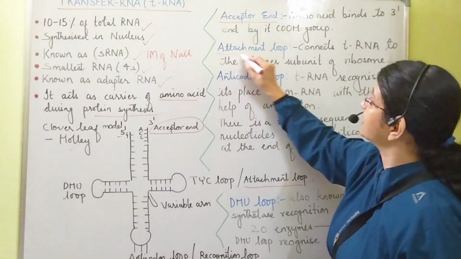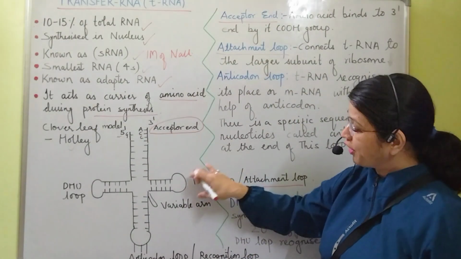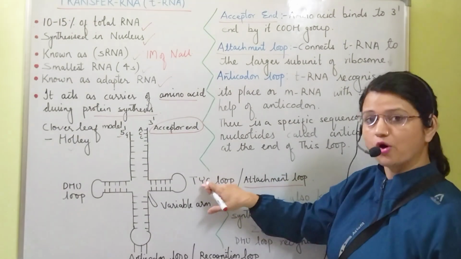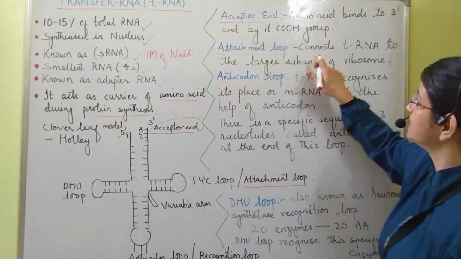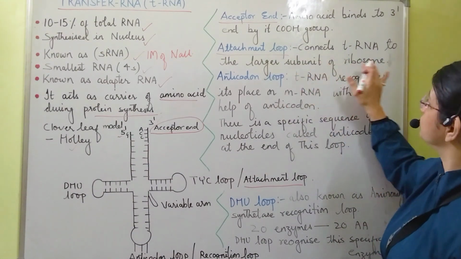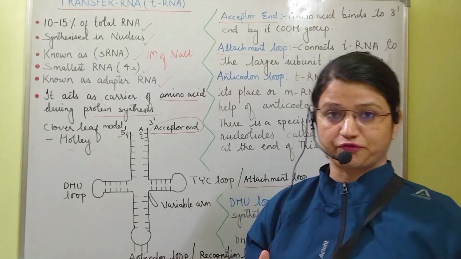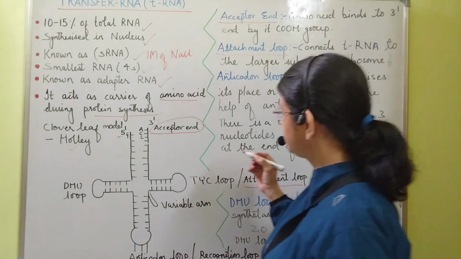Next is the attachment loop. So this is our attachment loop, also known as T loop or T-psi-C loop. See its function? It connects tRNA to the larger subunit of the ribosome. We know that there are two subunits of the ribosome, the smaller and the bigger one.